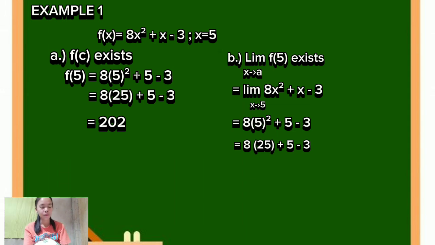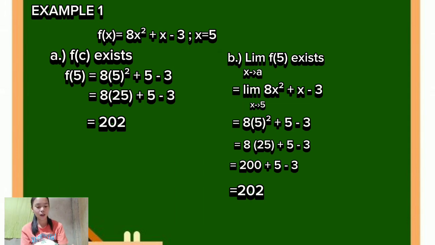The answer is 8 times 25 equals 200, plus 5 minus 3 is 202. So, condition number 2 is satisfied.